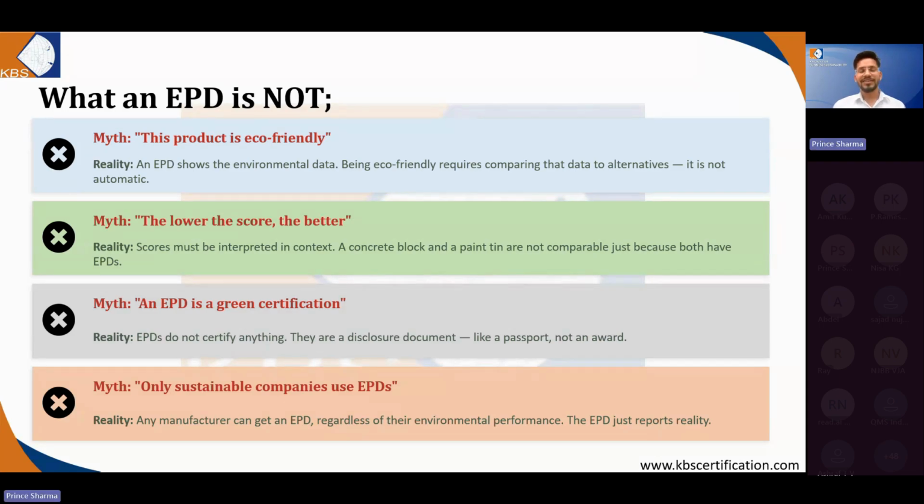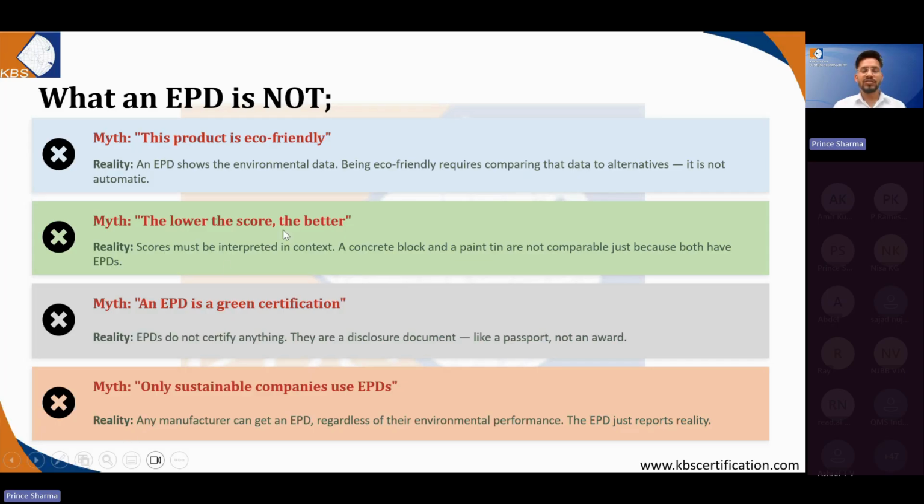Similar to the case of the nutrition labels that we have on products. So myth number two, that the lower the score, the better it is. No, that is not always the case. Sometimes a manufacturer might be using different stages, or due to some constraint of the data or of the product, he is not able to publish a particular impact category.